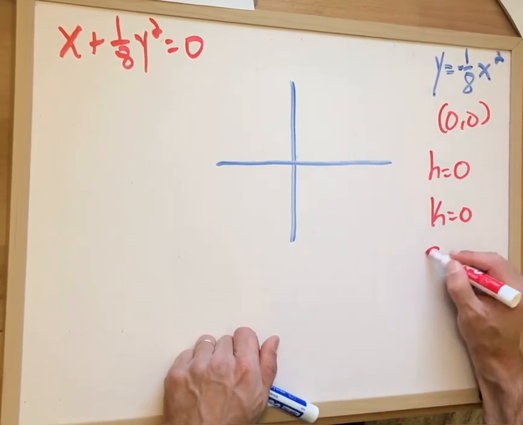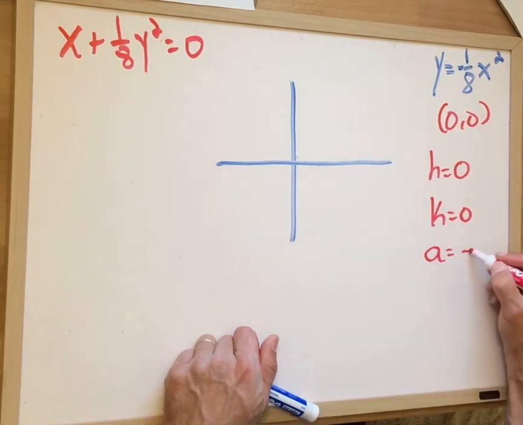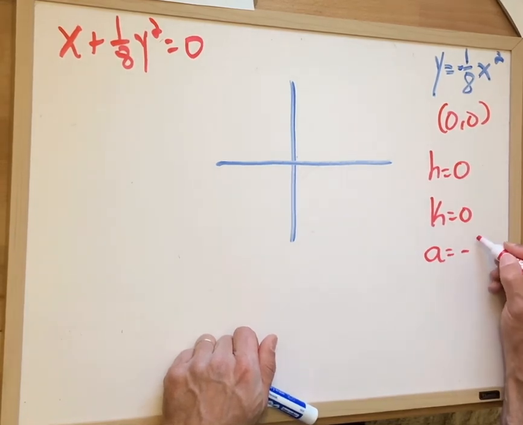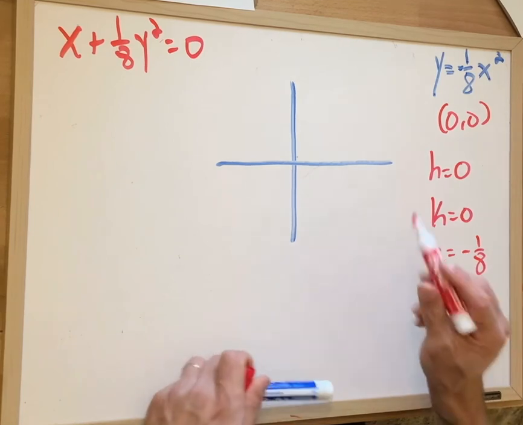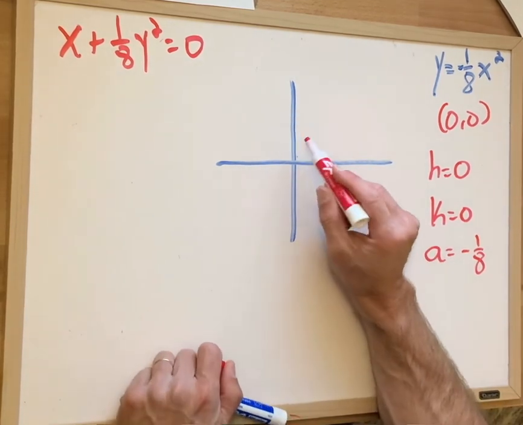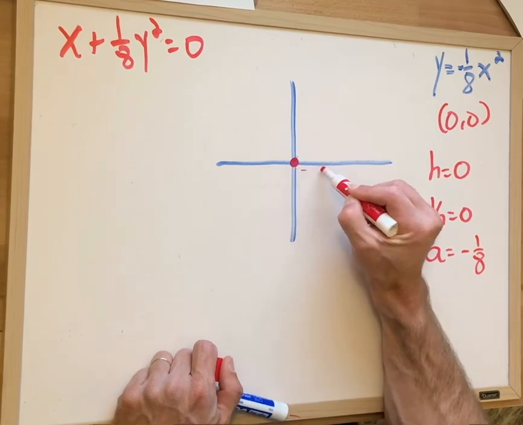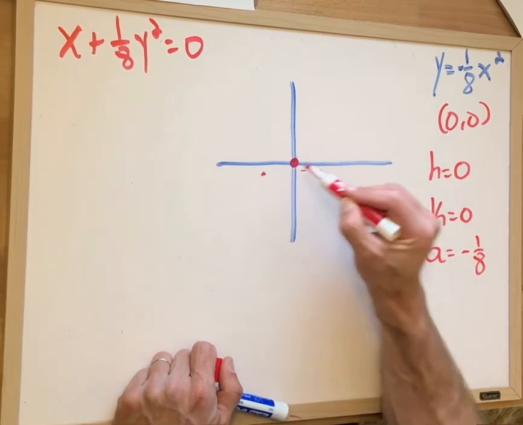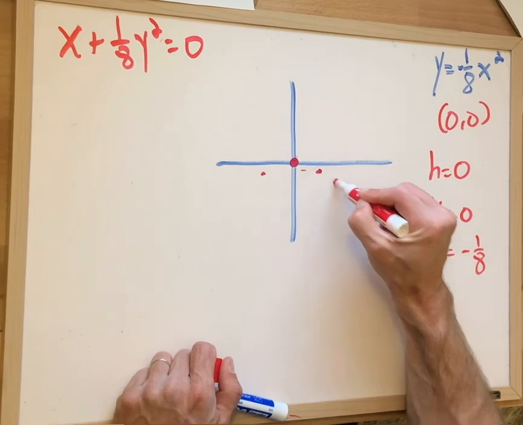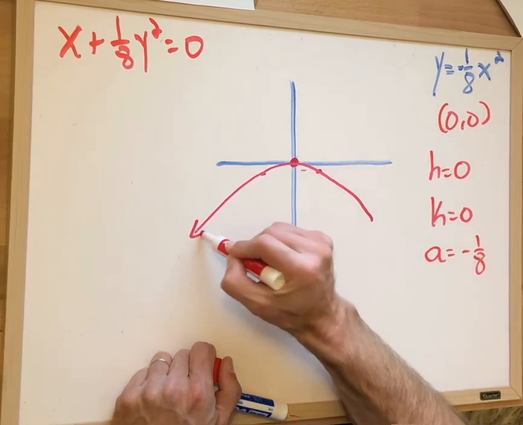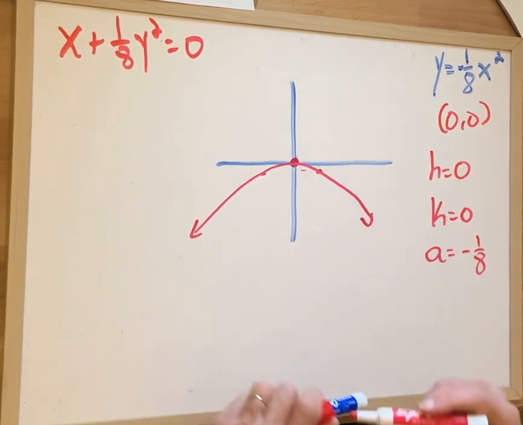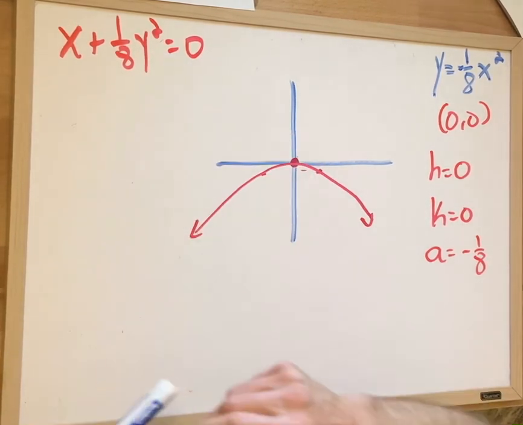And my shape is equal to negative 1/8. Okay. So now, here's my vertex. I'm going to go down 1/8 over 1. So it's going to be a super wide quadratic.